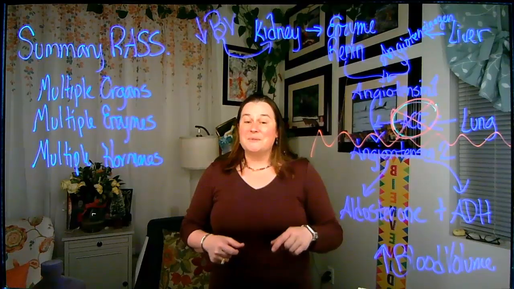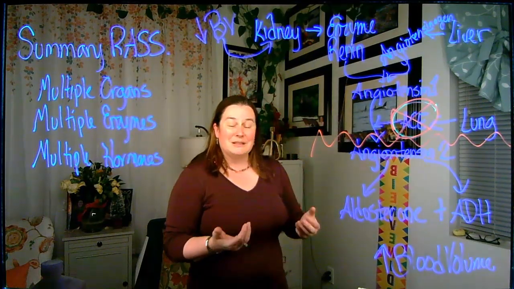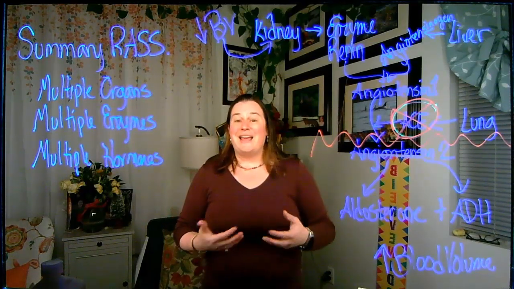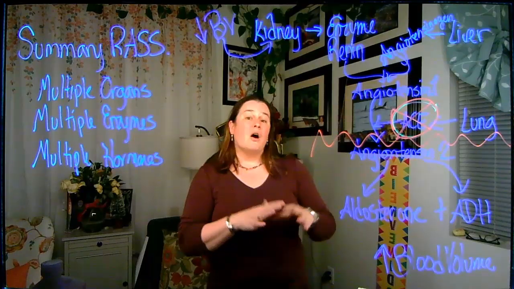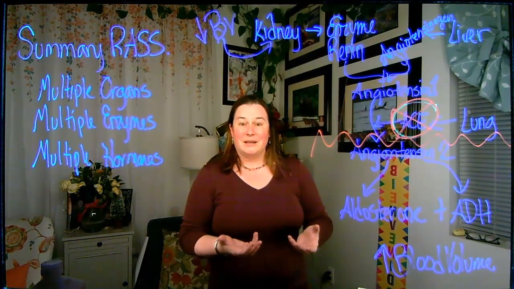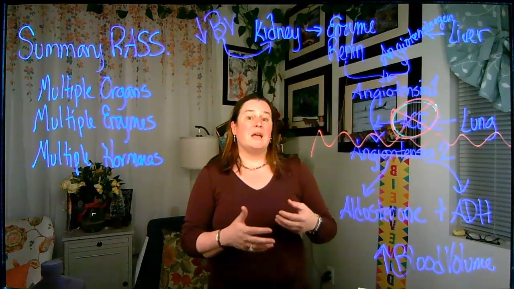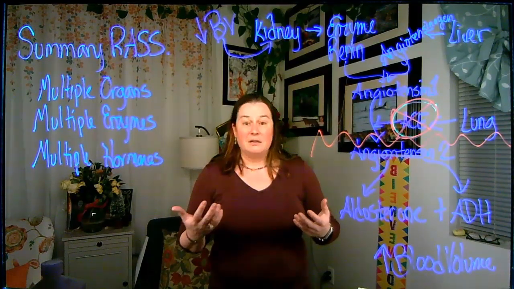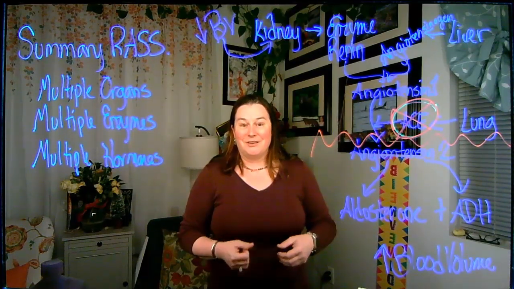I hope this helps you understand the relationship and introduce the idea to you that not every hormone is released purely by an endocrine gland. There are other organs in the body that can contribute to hormone production and be critical, vital, integral components of healthy functioning feedback loops.